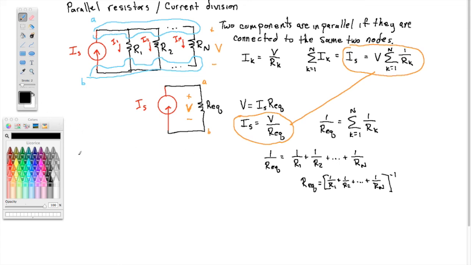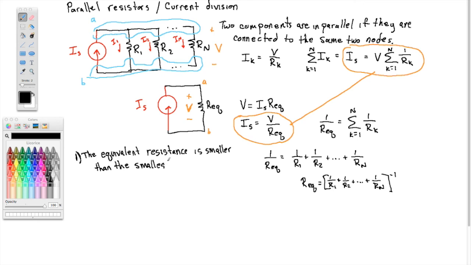Let me point out something to you first. The equivalent resistance is smaller than the smallest resistor.